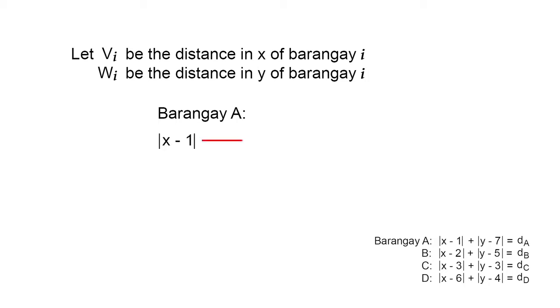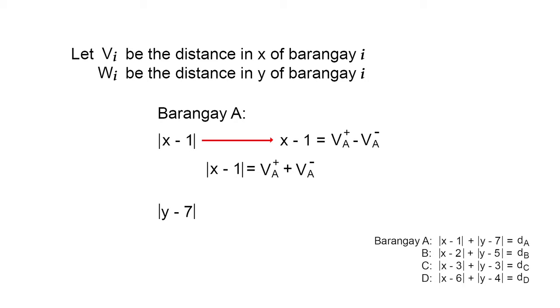Therefore, our transformation, if you recall, is x minus 1 is equal to VA plus minus VA minus. The absolute value of x minus 1 will be given by VA plus VA minus. We now get the y distance of barangay A, which is given by the absolute value of y minus 7.